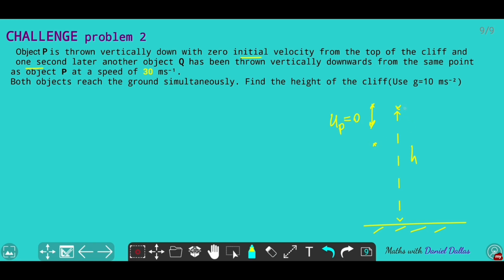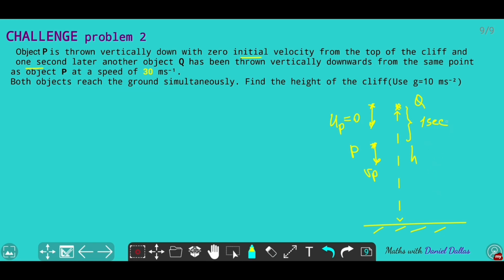So at the time moment where 1 second has passed, object P is somewhere here, it has some new velocity Vp, but we don't care because we will consider the whole motion of object P from the very starting point. But what I'm going to say is that object Q has been thrown, okay?